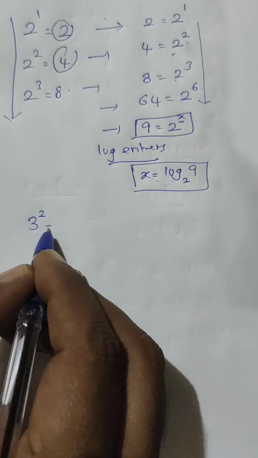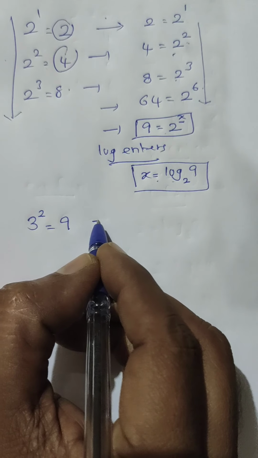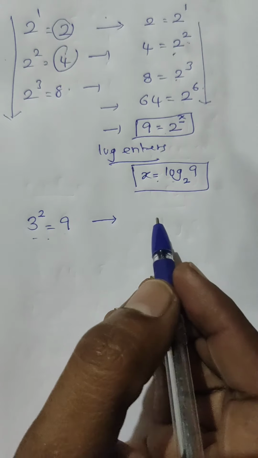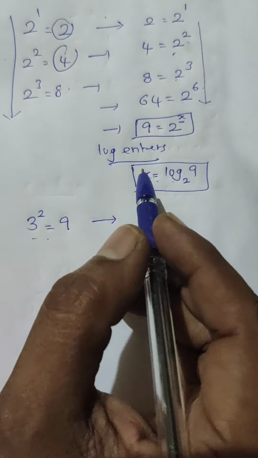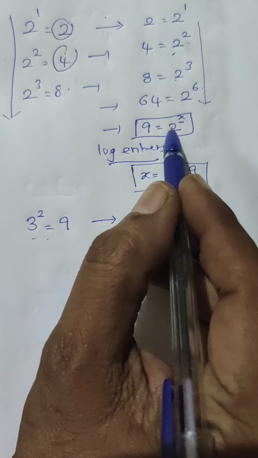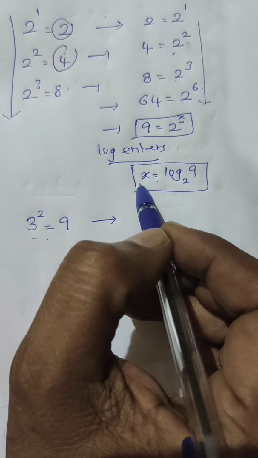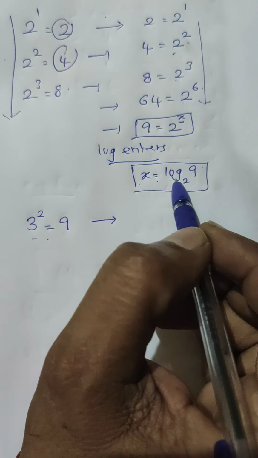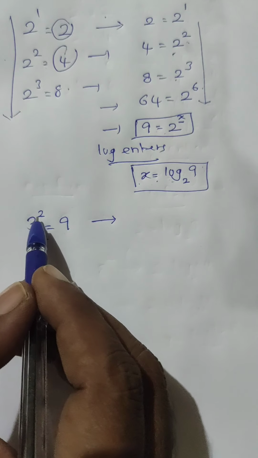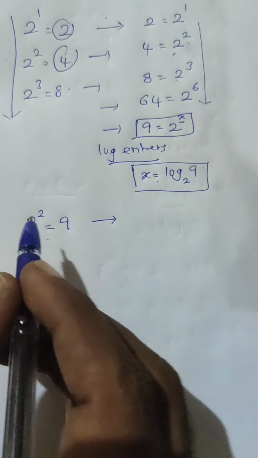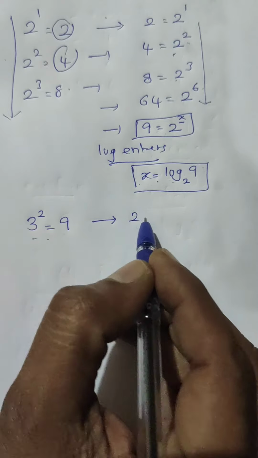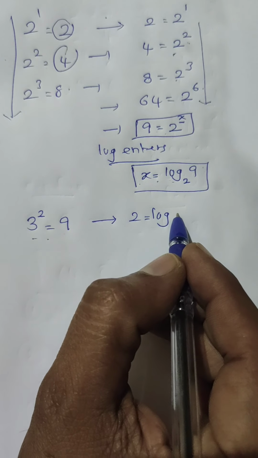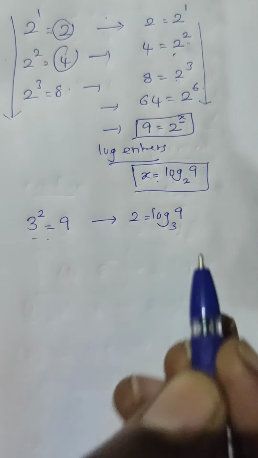Suppose 3 square is 9. You can write this exponential form in logarithmic form, log form. Here, 9 is 3 power 2, so this exponent 2 is log 9 base 3.